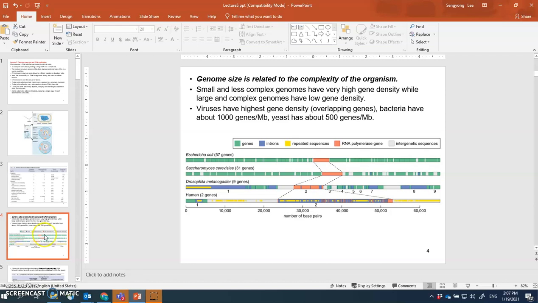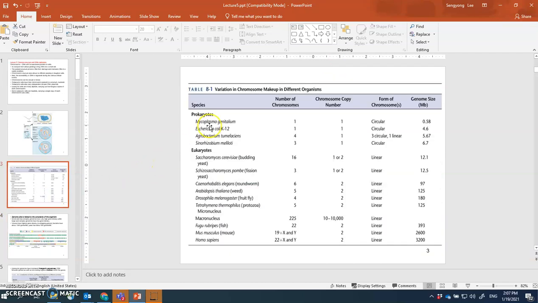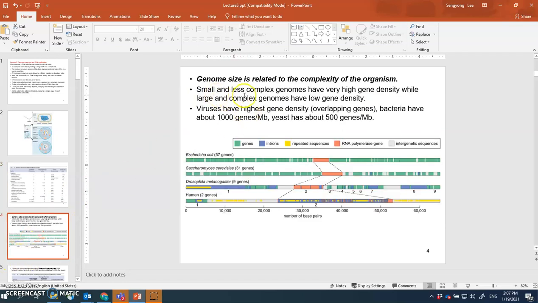So if you look at those genomes, the sizes are different as we just saw, but the complexity of the genome is also unique. If you have a small genome, like maybe mycoplasma or viruses or E. coli prokaryotic cells, although their genome size is small, they have a very dense or compact genome, meaning within a small genome they have a lot of genes together, so there is no waste of their genome.